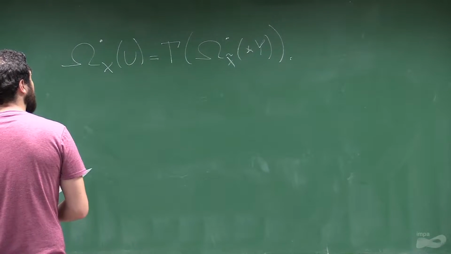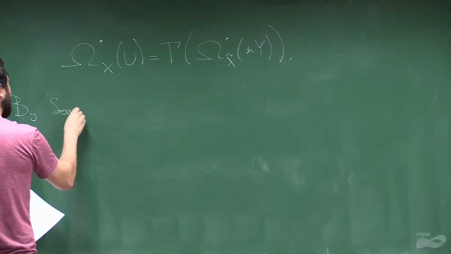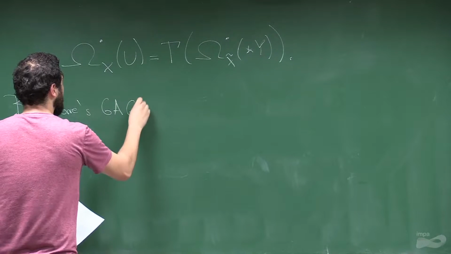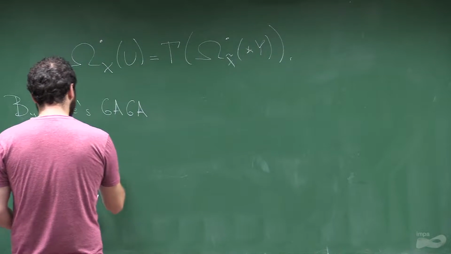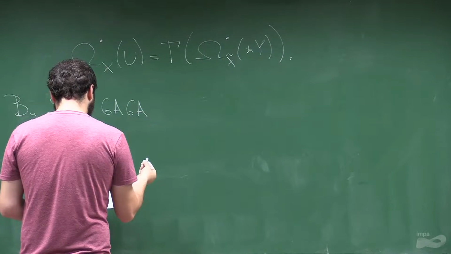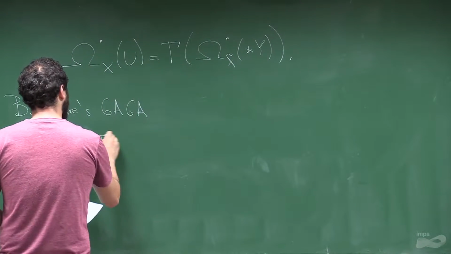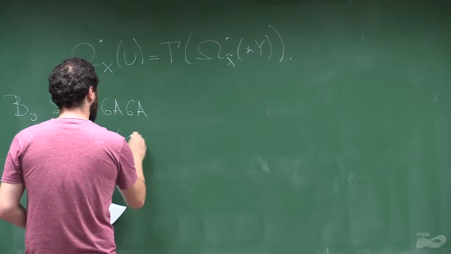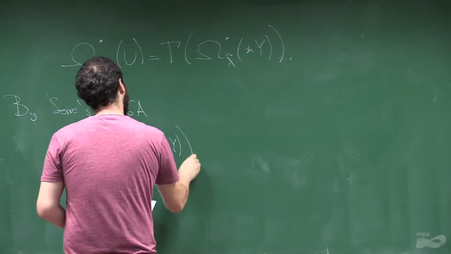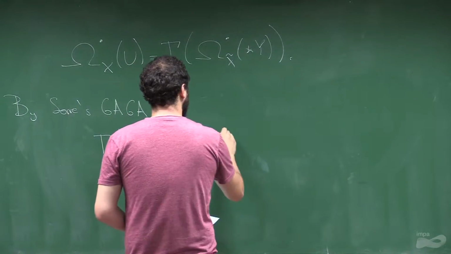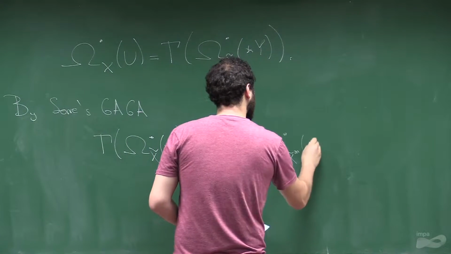Okay, and by Serre's GAGA, we have a correspondence for every k: the global sections of this sheaf correspond to the global sections of the analytification of this sheaf.